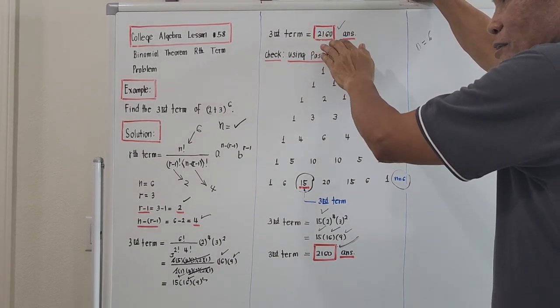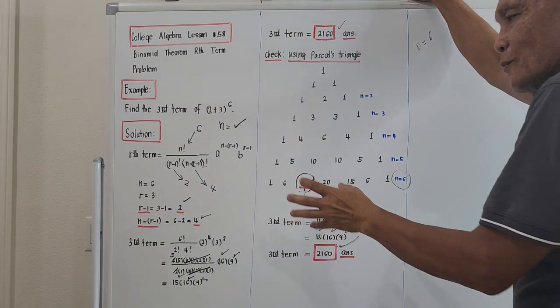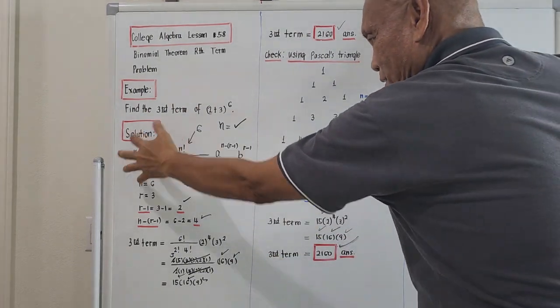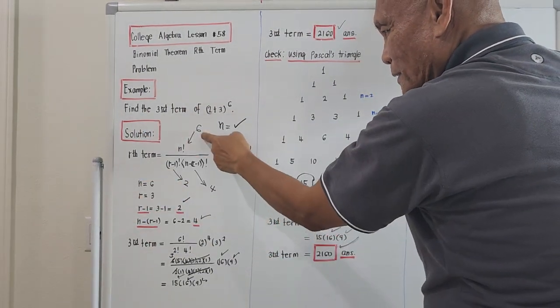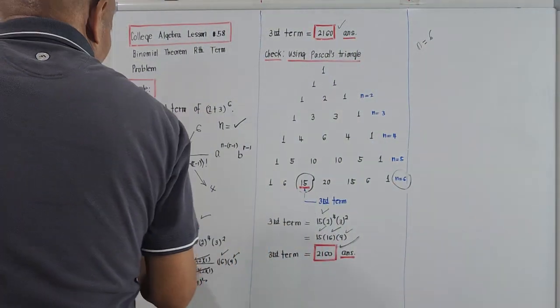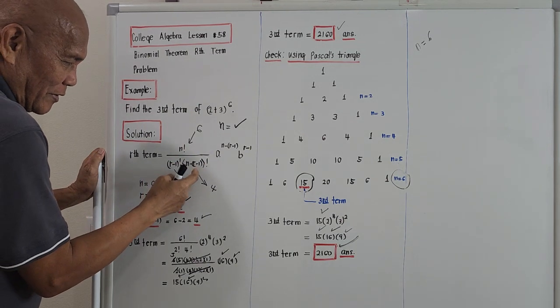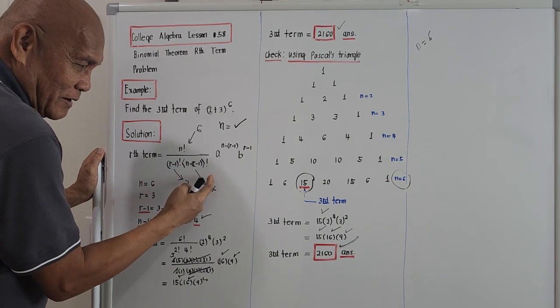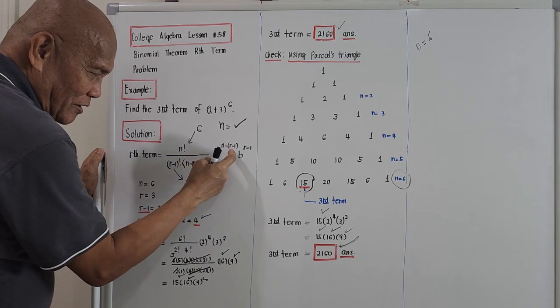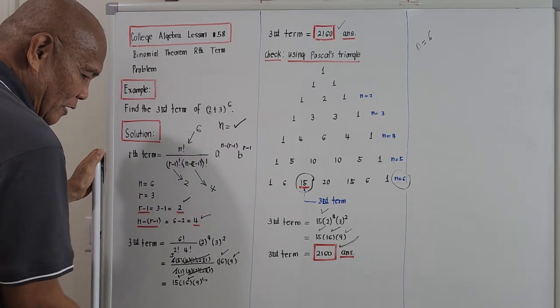Because this answer 2160 was computed by using the formula for taking the r-th term. That is, it should be n factorial, a little bit long, over r minus 1 factorial times the quantity n minus r plus 1 factorial, a raised to n minus r plus 1 times b raised to r minus 1.